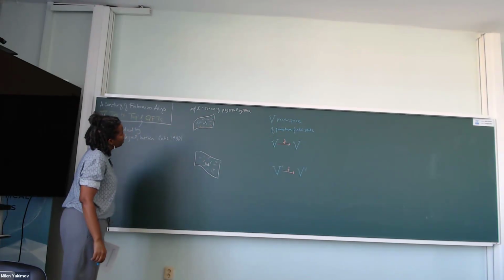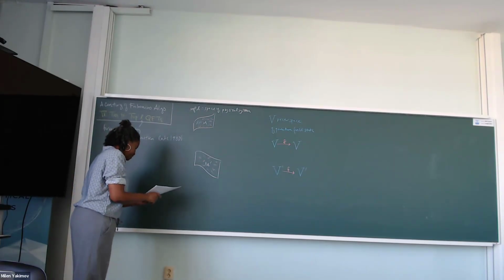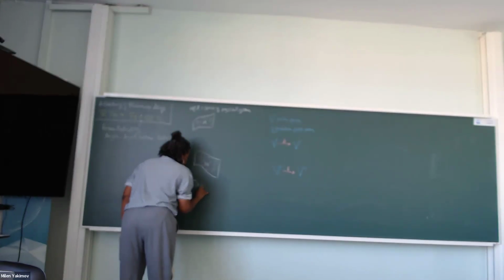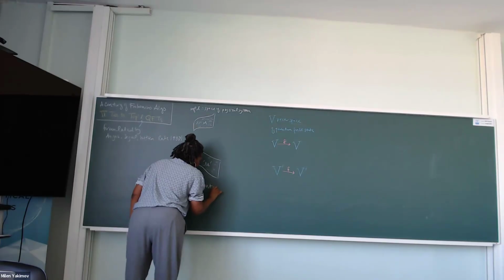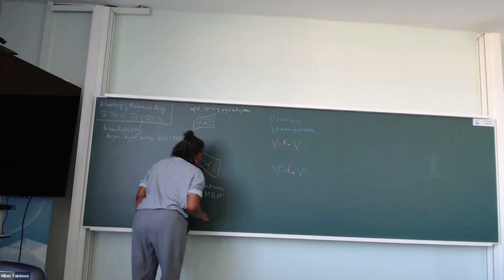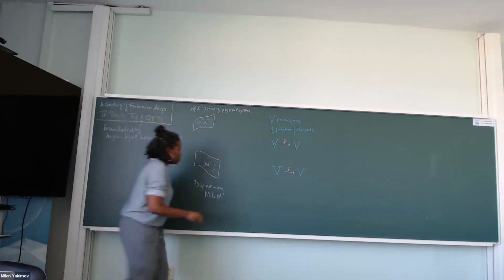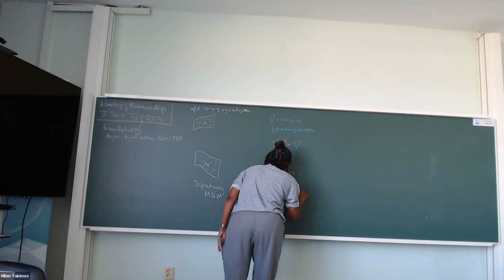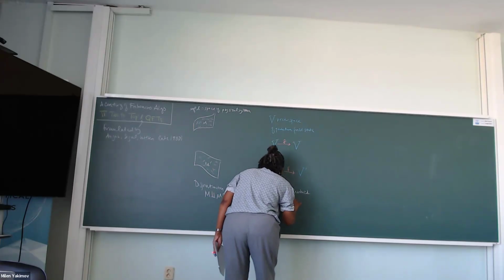Now, maybe we want to understand both systems together. So in order to understand both systems together, what we will do is take a disjoint union of these two manifolds, M and M prime, and algebraically, what this will correspond to is the tensor product of these two vector spaces.